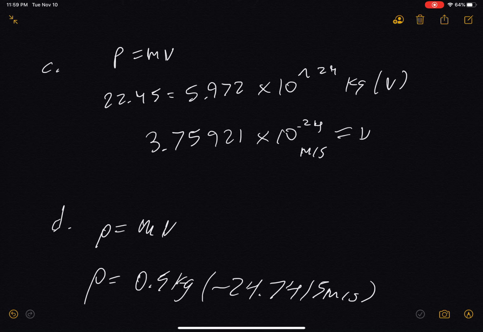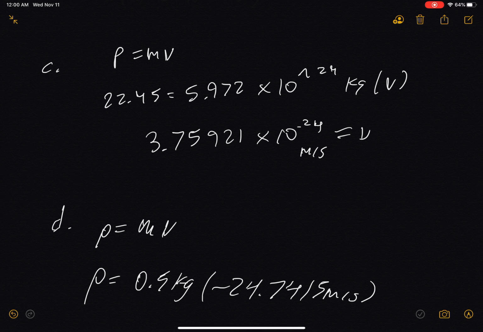And then for part C, it's asking, since the collision occurs between the Earth and the ball, what is the magnitude of the velocity change experienced by the Earth? For this one, we know that momentum will be conserved in this interaction. So we'll use our momentum that we found earlier. Earth's momentum would be positive here. Then we have Earth's mass, which is 5.972 times 10 to the 24th kilograms, times our unknown velocity, or the change in velocity of the Earth.